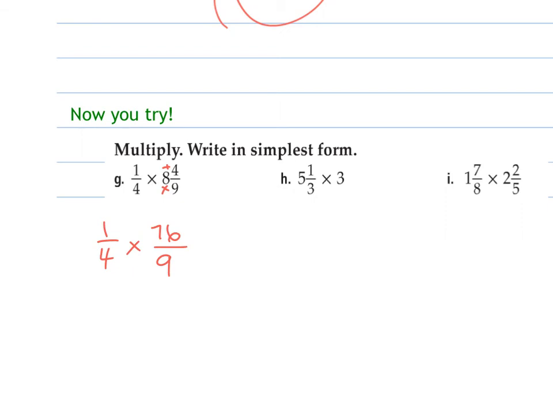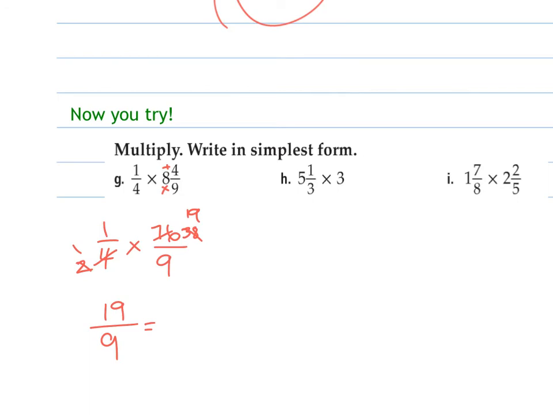I know that I can divide 4 by 2, and I know that I can divide 76 divided by 2, which is 38. I can divide those again by 2, so that would be 1, and then 38 divided by 2 is 19. So now 1 times 19 is 19, 1 times 9 is 9.